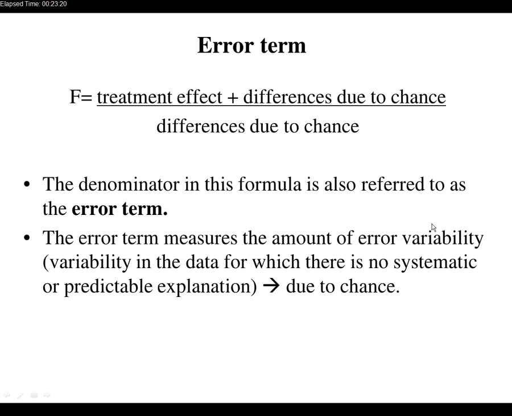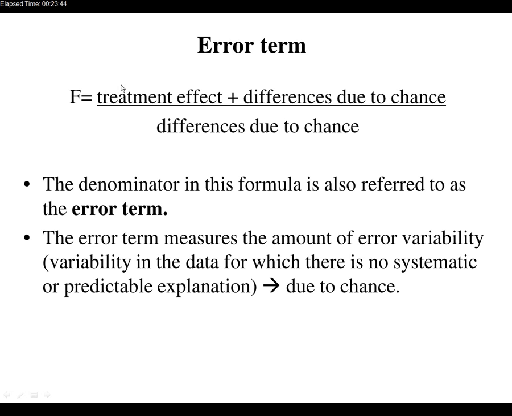The error term measures the amount of error variability in the data for which there is no systematic or predictable explanation. Okay, so if we look here, the differences due to chance, the treatment effect and differences due to chance, you remember the differences within groups? Those differences are by chance.